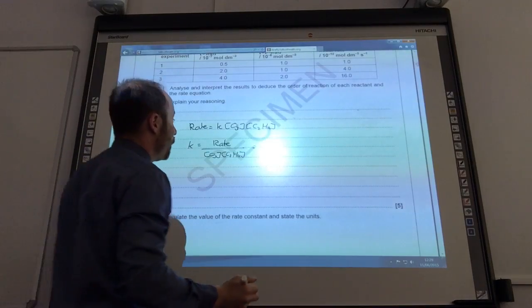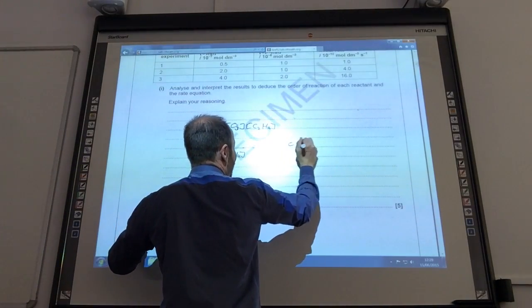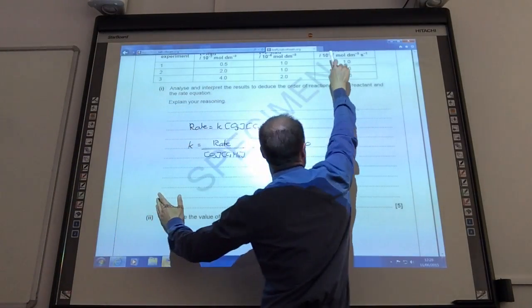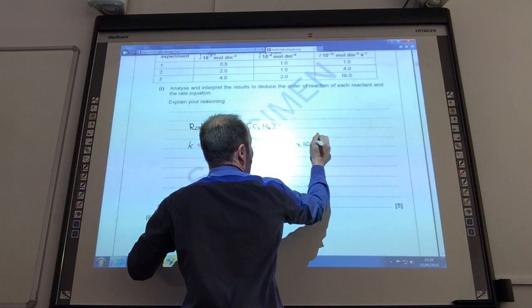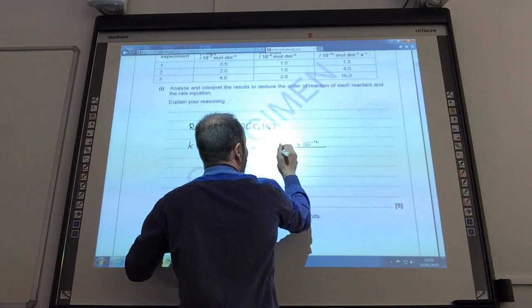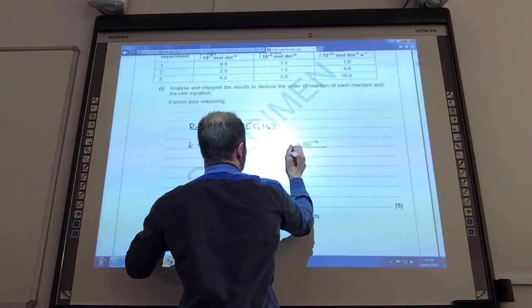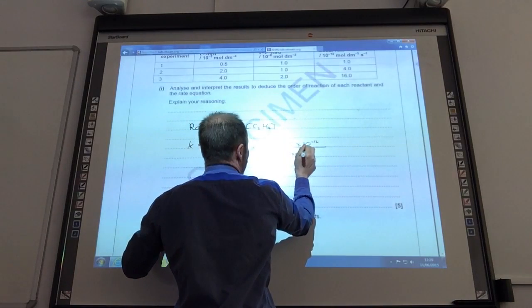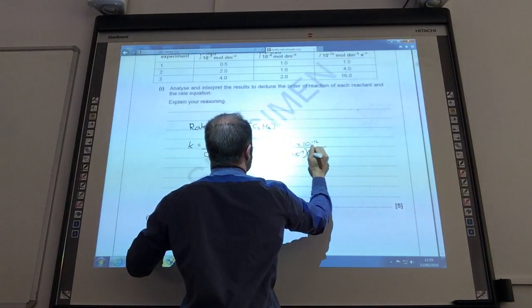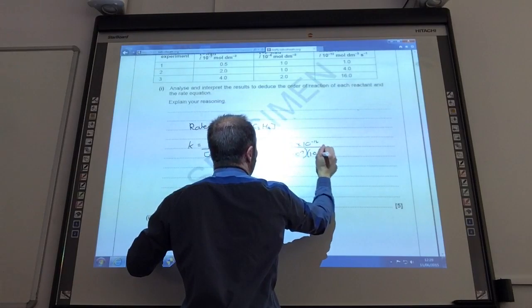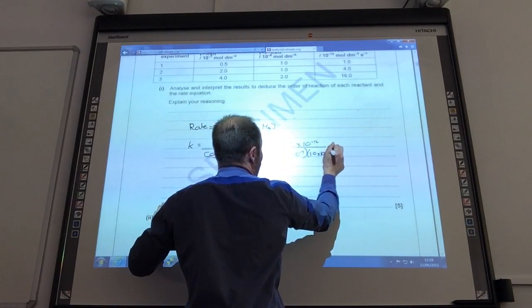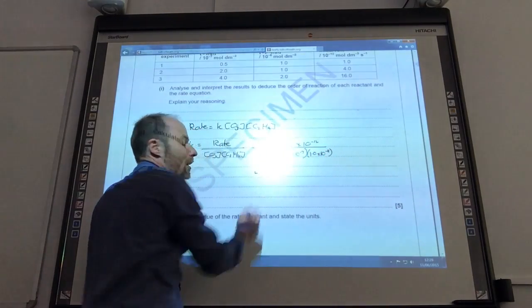I'm going to use experiment 1 to do that. The key thing to remember is to check here. So it's 1.0 times 10 to the minus 12. These two concentrations, that's 0.5 times 10 to the minus 7, multiplied by 1.0 times 10 to the minus 8.